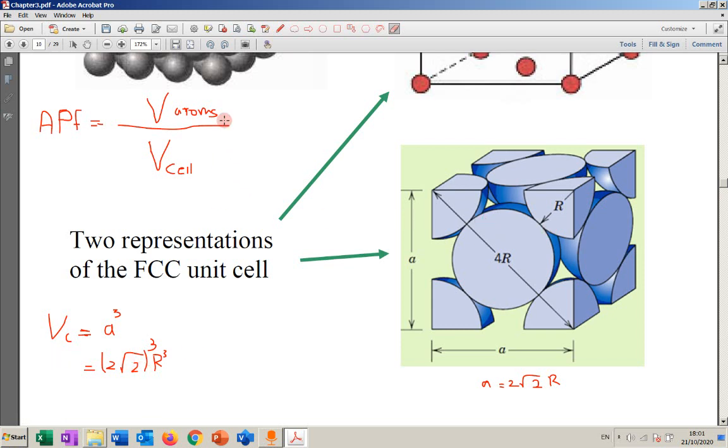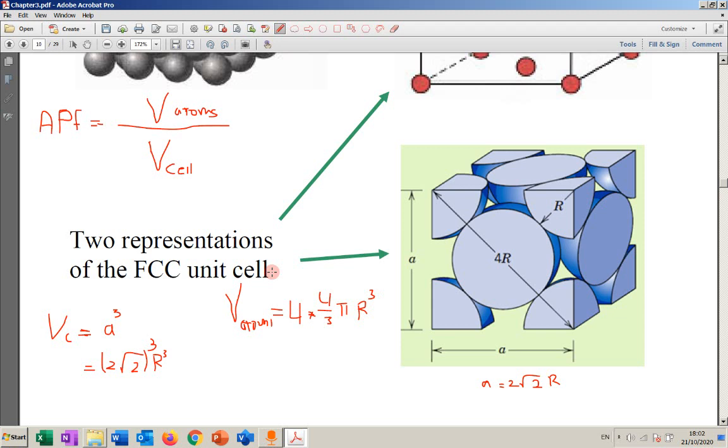Now, we calculate the volume of atoms. We calculated how many atoms we had in FCC. We said we have 4 atoms inside here. So if I want to calculate the volume of atoms, it's equal to 4 atoms, 4 times, and the volume of each atom is the same, 4 over 3 pi R cube.